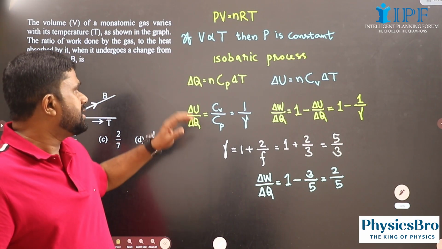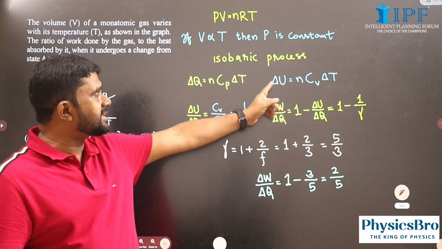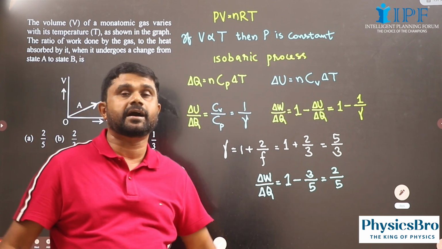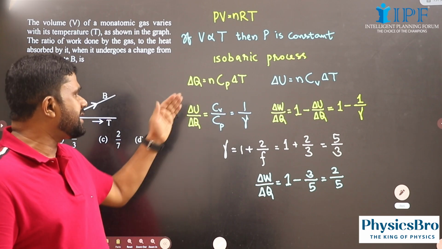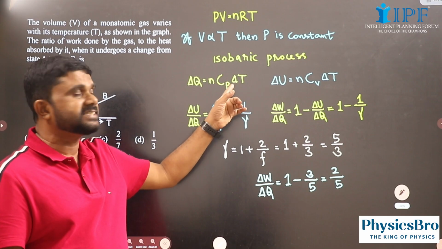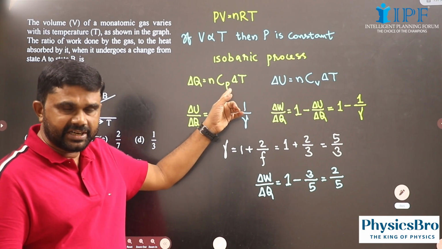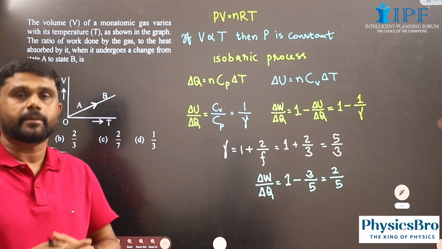See, delta Q = nCp delta T is the heat added, of which delta U = nCv delta T is the heat that is used to increase the internal energy. Then the fraction delta U by delta Q will be nCv delta T by nCp delta T. n delta T will get cancelled, so we will get Cv by Cp, and it is 1 by gamma.